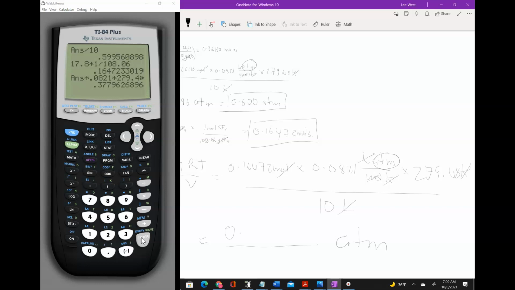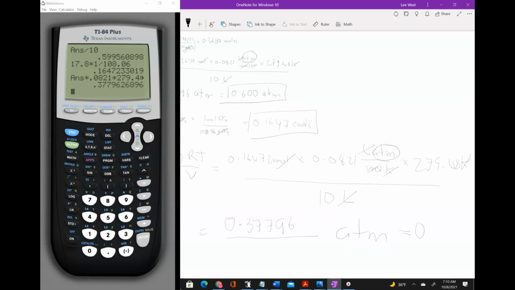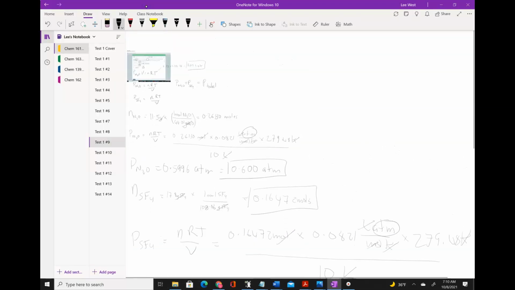And so I got 0.37796. That's out to 5 sig figs. And so for entering my answer, I'm going to round that to 3 sig figs. So that would be 0.378 ATM. Okay, there we go. All right, so I'll put that one in.